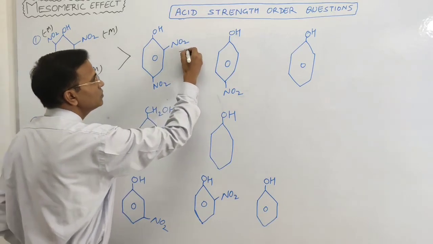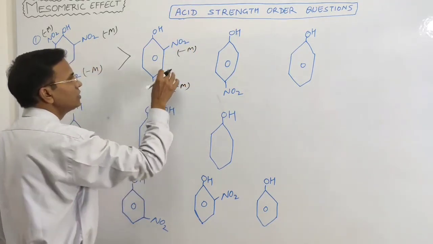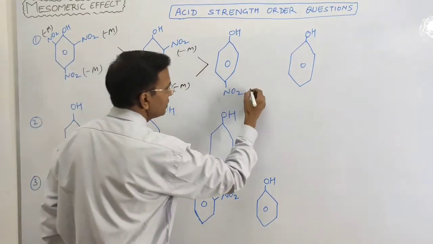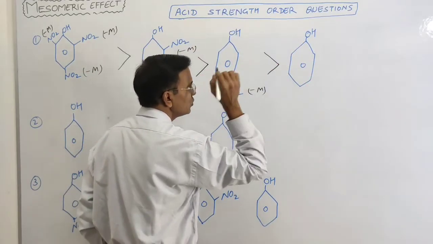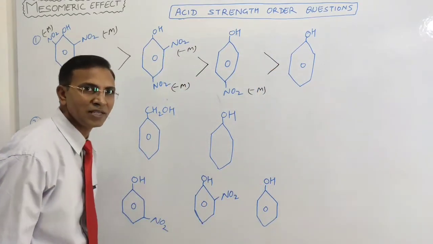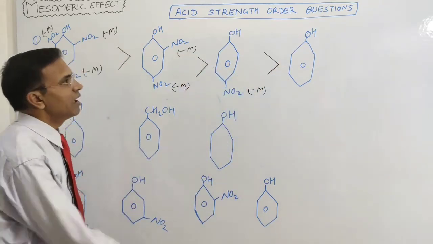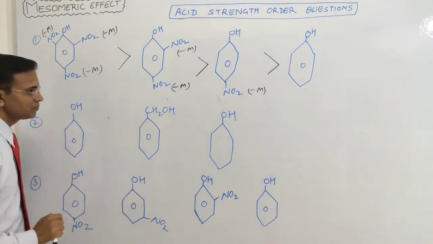Here 2 minus M groups, 2 nitro groups are there, so it will be in the second position. Here 1 minus M, so it is in the third position, and here no minus M group is there, only phenol, so it is in the last position. That is the acid strength order, right? Now come to the next question.